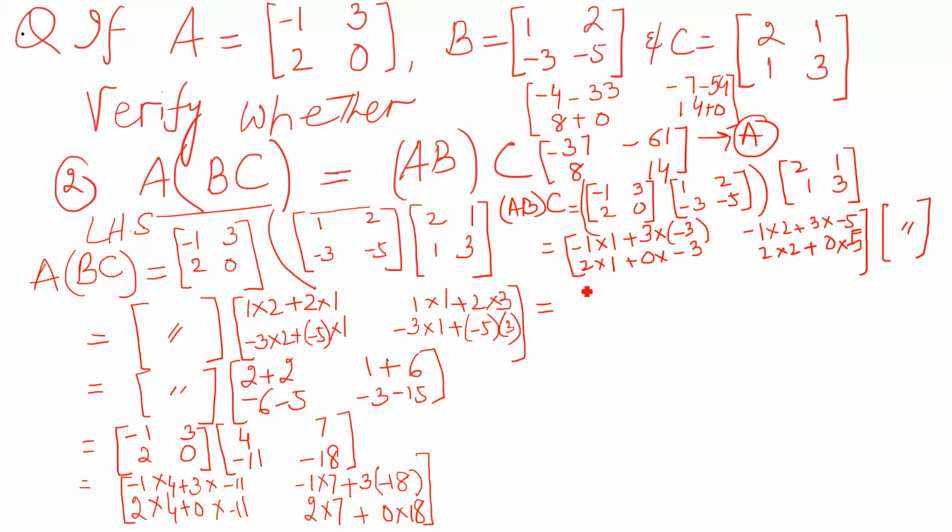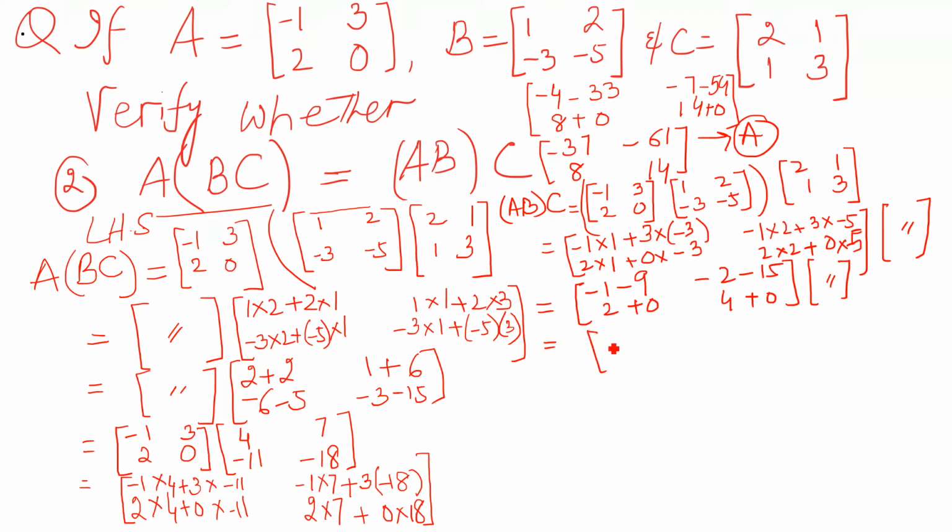Here we will do one more step. It will be negative 1, negative 9, 2 plus 0, and here is negative 2, negative 15, 4 plus 0, and then C will remain the same.